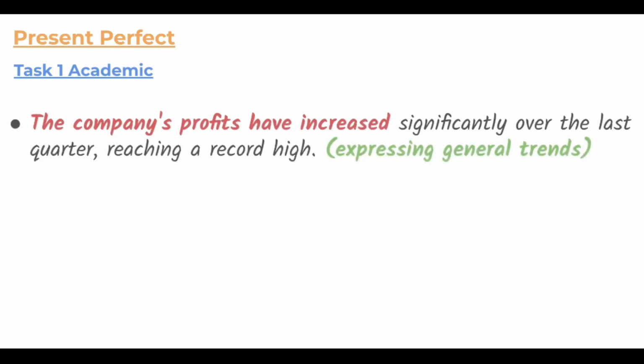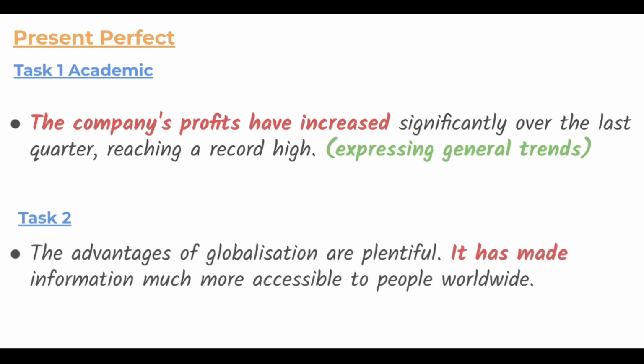Right, let's do the reveal, see if you were correct. The first one, the company's profits have increased. And the second one, it has made information much more accessible. It referring to the advantages here, so that's a good pronoun. Right, so that's our present perfect.